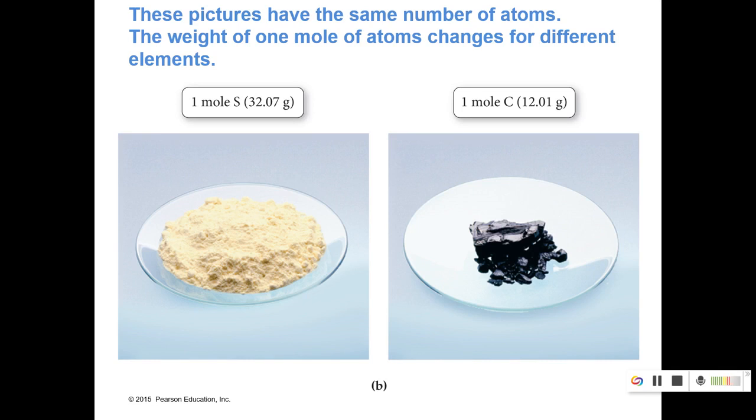And a mole of carbon is equal to the mass of carbon on the periodic table. Now, this textbook rounds all their masses from the periodic table to the hundredths place. If you are not comfortable rounding to the hundredths place, that's perfectly fine. Keep all the values on the periodic table just as they are when we're doing the math. I will be using them rounded to the hundredths place.